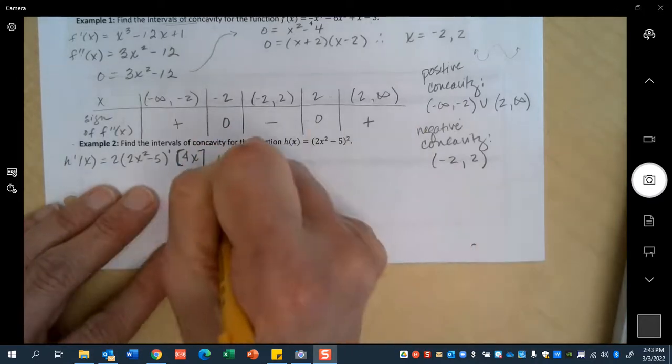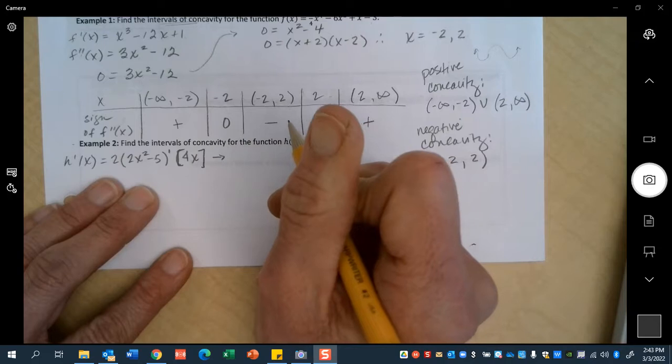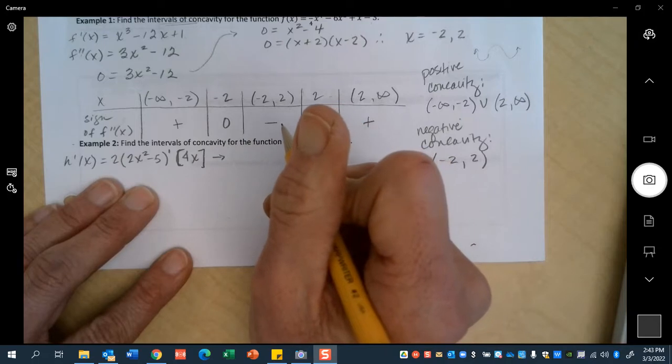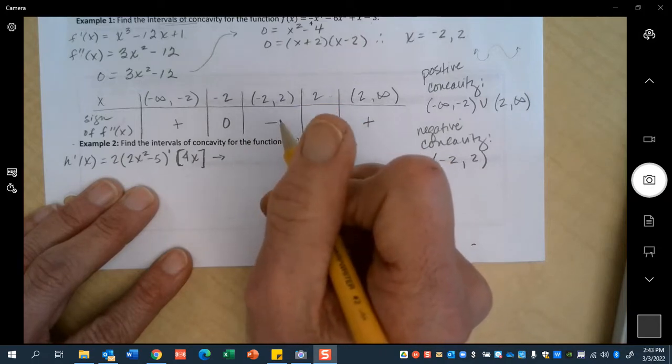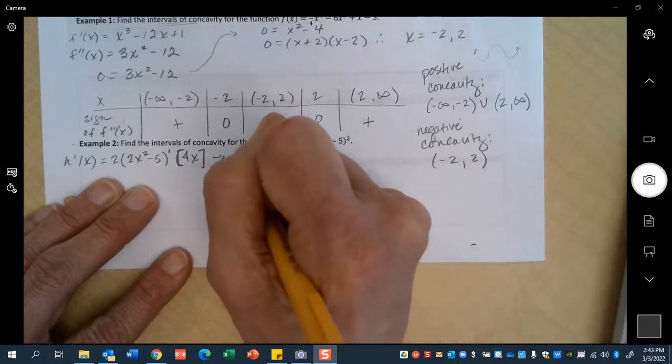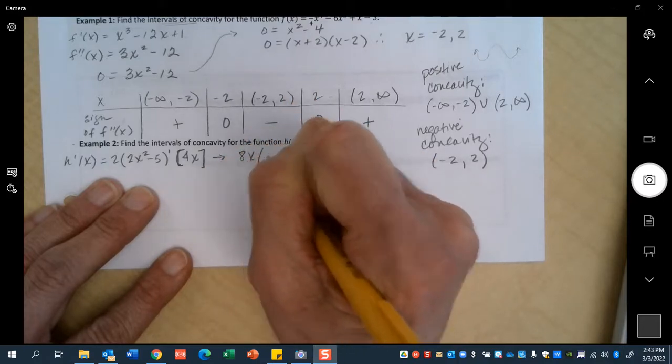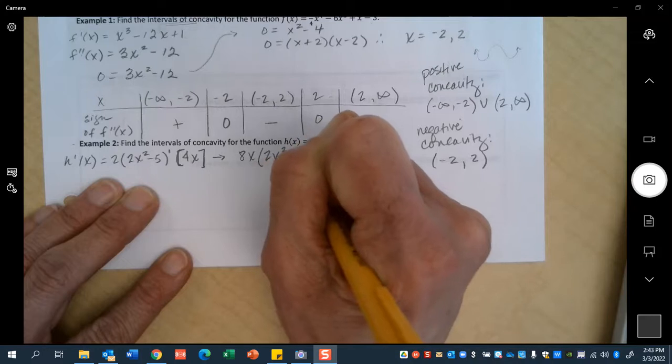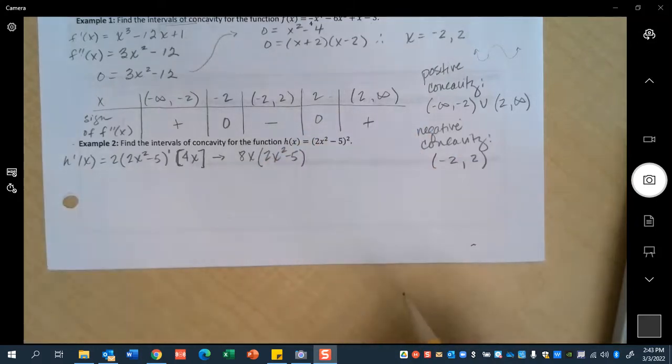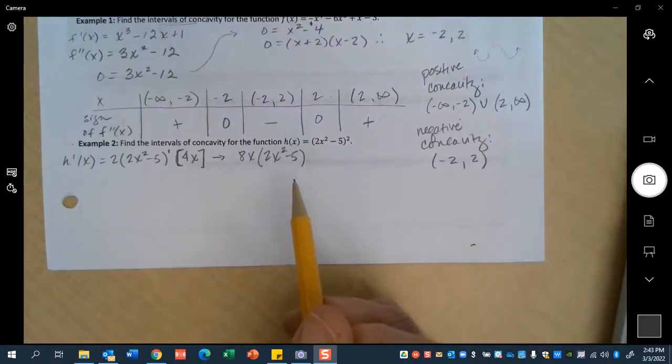So when I simplify that out, that's going to give me 8x times 2x squared minus 5. If you want to multiply that out even more, you can.